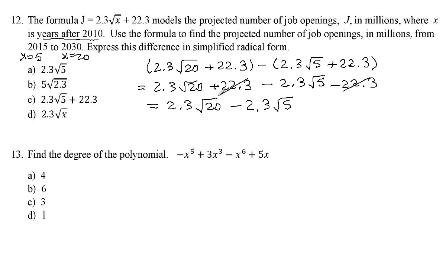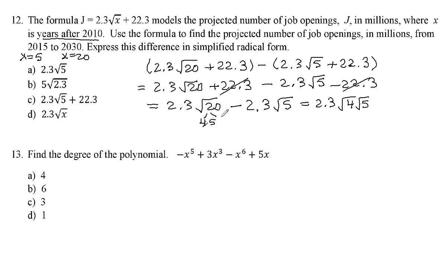And notice that 20 is 4 times 5. So root 20 is going to be root 4 times root 5. So this is going to equal 2.3 times root 4 times root 5.